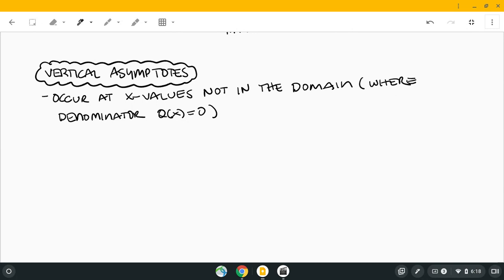So let's take a look at some examples. Suppose that r of x equals x over x minus 2. We can see here that the denominator would be 0 at x equals 2, so x equals 2 is not going to have a point on the graph.